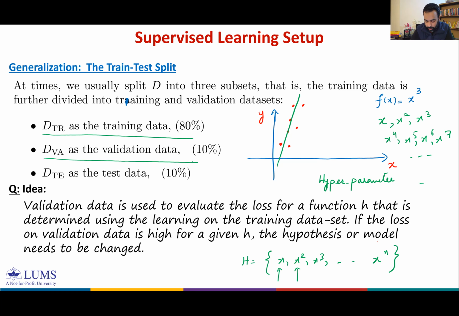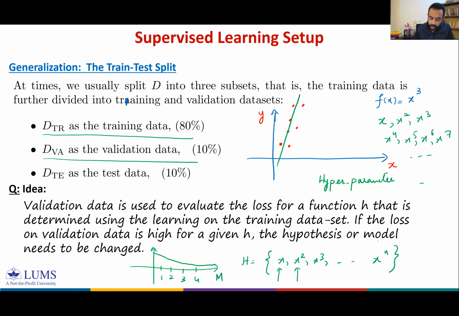अगर मैं आपसे पूछूं कि यहाँ पे हम कहते हैं कि order of polynomial, let's call it M, कि 1 भी है, 2 भी है, 3 भी हो सकता है, 4 भी हो सकता है, if you plot the loss on training data, तो कैसा loss आएगा? It would keep on decreasing all the time. क्यों?